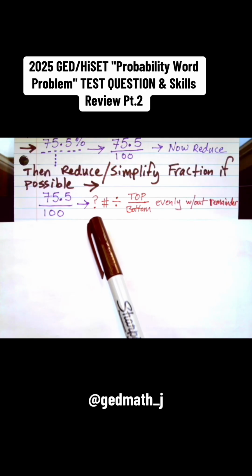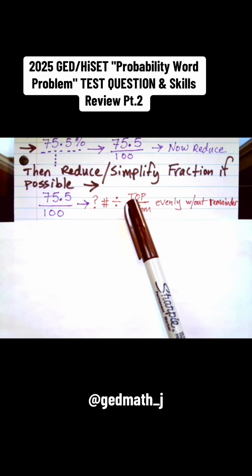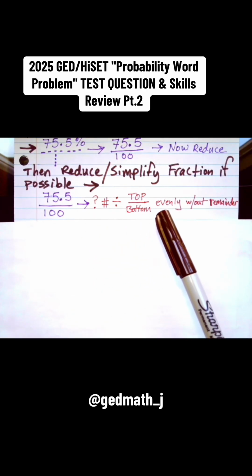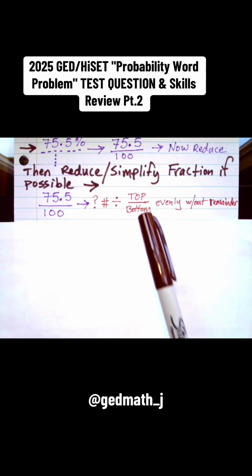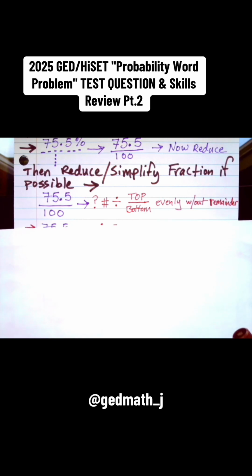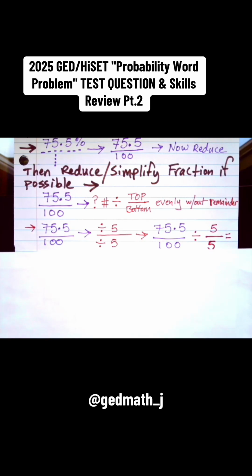Again, we're looking for a number that will be divided into top and bottom evenly without a remainder. And sometimes they're bigger numbers, sometimes they're smaller numbers. I always start off with the smaller numbers and just keep reducing with the smaller numbers if I can. I don't want to make any mistakes. So you see here, I'm showing you 75.5 divided by 100.